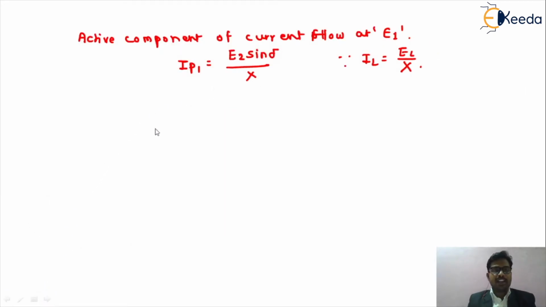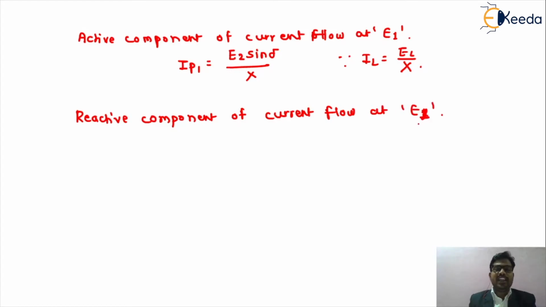Okay. Similarly, if you want to get the second term, we call it the reactive component. I can write the reactive component of current flow at E1.